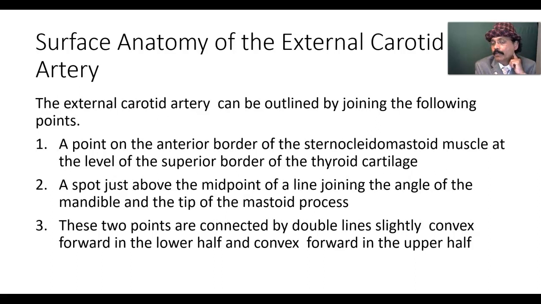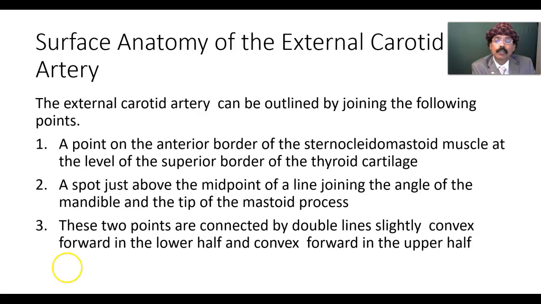If you tell the patient to move, then you can feel the neck of the mandible. So at the lower part of the neck of the mandible we may have the second point, a point just above the midpoint between the angle of the mandible and the tip of the mastoid process.